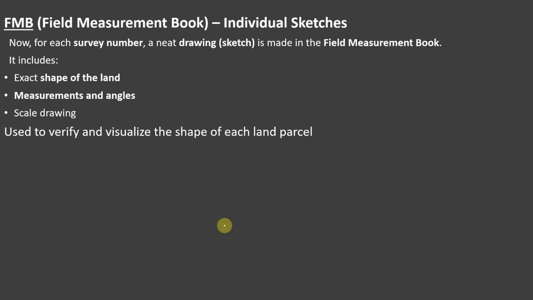And the next is the field measurement book, or FMB. In the field measurement book, a neat drawing sketch is made. It includes the exact shape of the land, measurements and angles, and a scale drawing used to verify and visualize the shape of each land parcel. So for each survey numbered land, drawings or sketches are made.